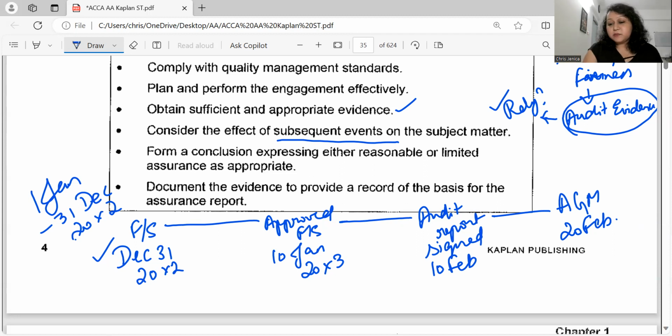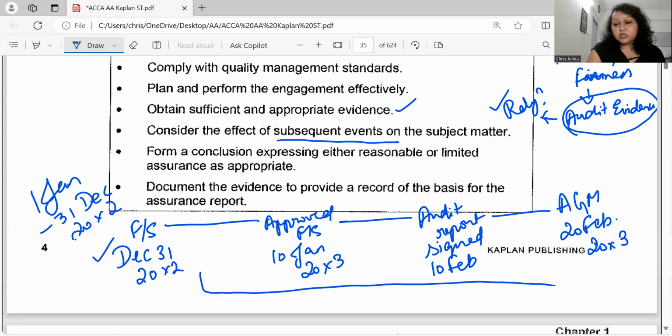Now your annual general meeting is on 20th February 2023. So there is almost 50 days of period after the financial statements have been prepared. What if there are some circumstances which could arise after the financial year end that could have an impact on the financial statements?